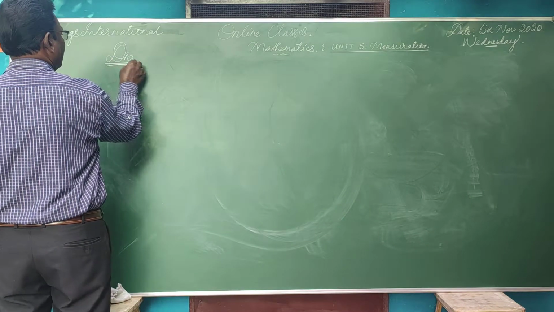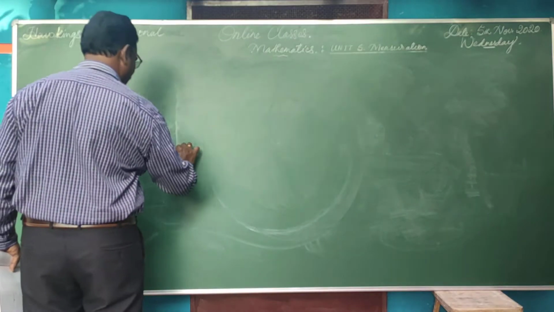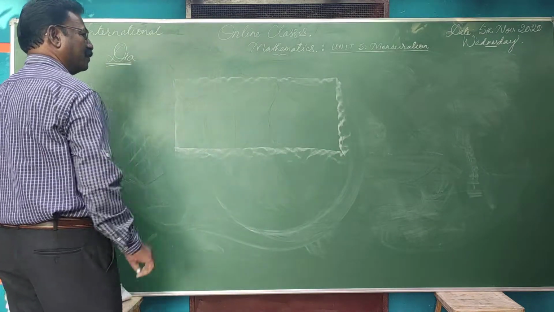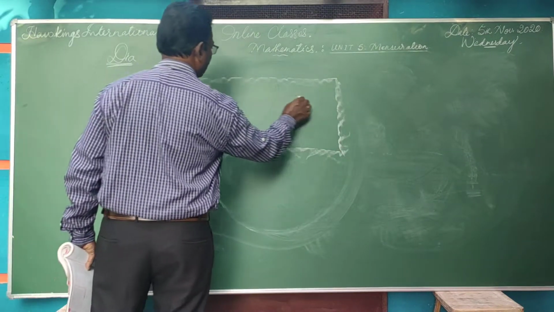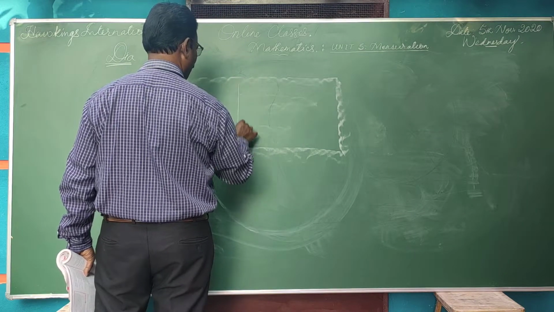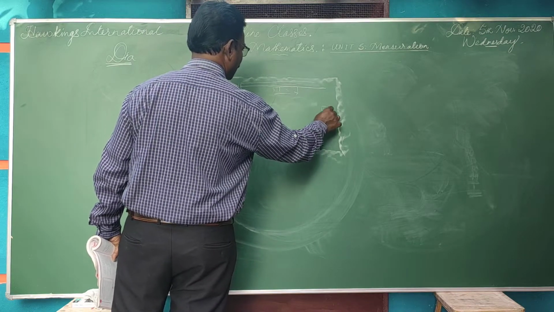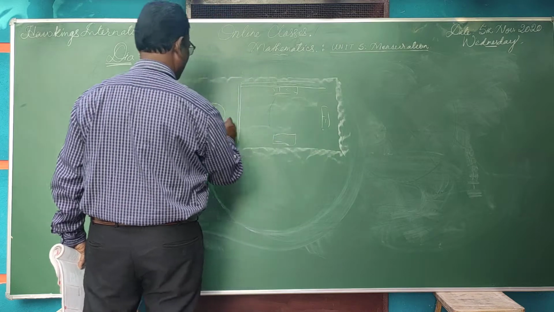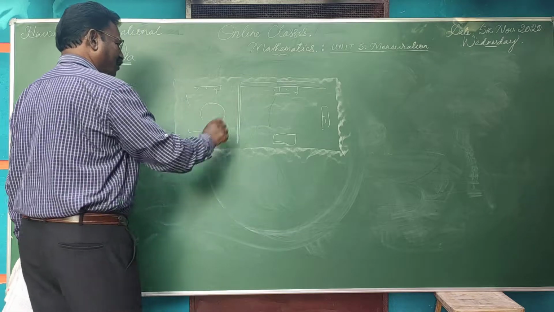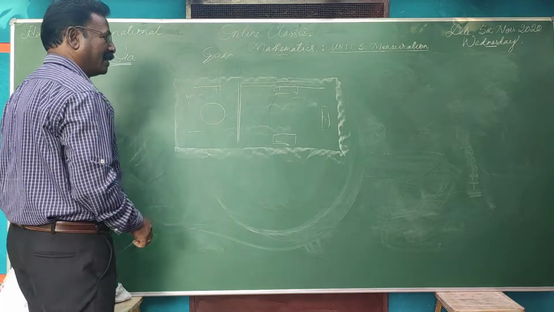So our friend's name is Dia. She is having a rectangular garden. She is having some chairs here and all, and here is something like a merry-go-round. This is the garden, and it is a rectangular garden.